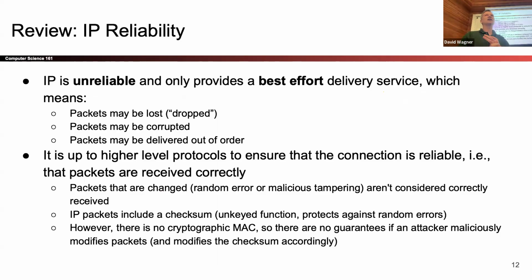But it means that the end hosts have to come up with some other way to provide reliability. Also, with IP, not just can packets get lost, but they can also get reordered or delayed. They can get corrupted and errors can be introduced. We probably don't want that to happen to our data. So TCP was introduced to deal with all of this.